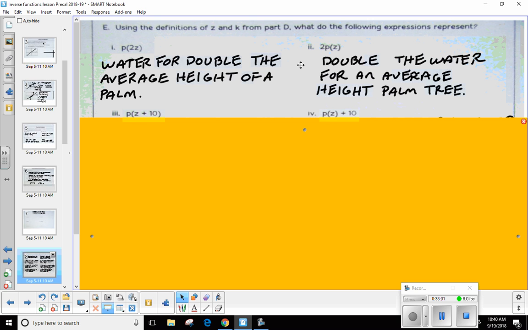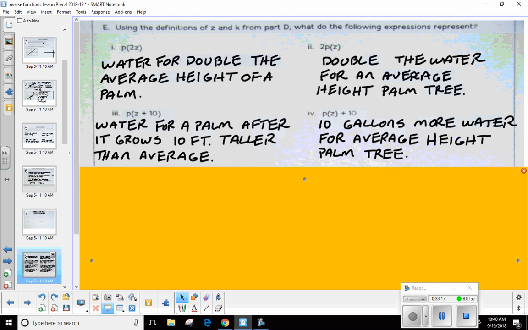Okay. What about P of Z plus 10? Who can help me out with that one? Aiden? 10 more gallons of water needed for a tree of average height. I think that's almost exactly what I put. Perfect, yes. Okay, good, good, good.